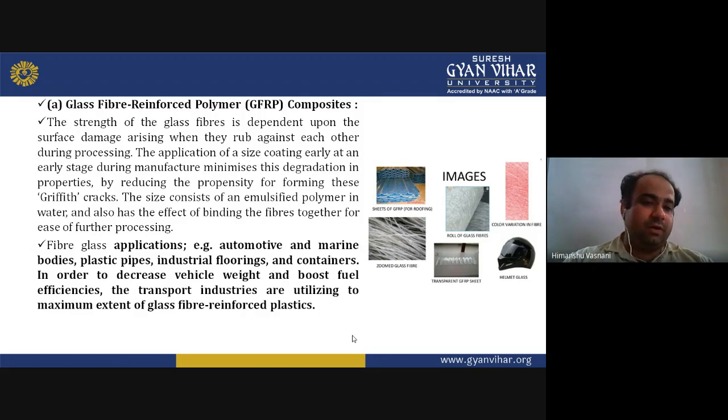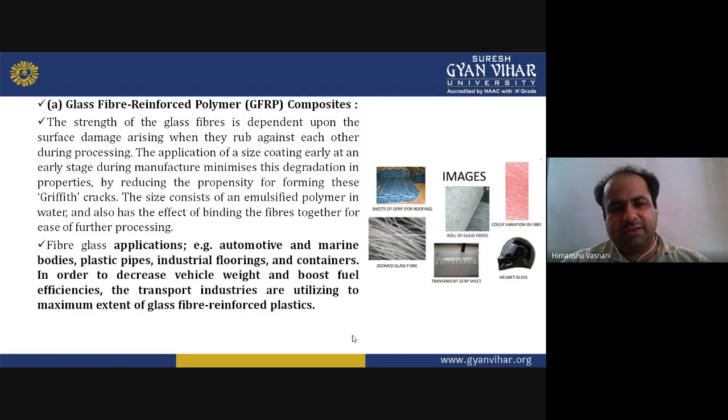The size, an emulsified polymer in water, also has the effect of binding the fibers together for ease of further processing. Fiberglass applications include automotive and marine bodies, plastic pipes, industrial flooring, and containers.